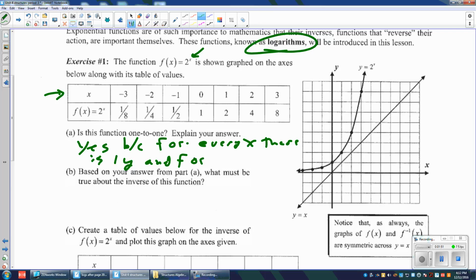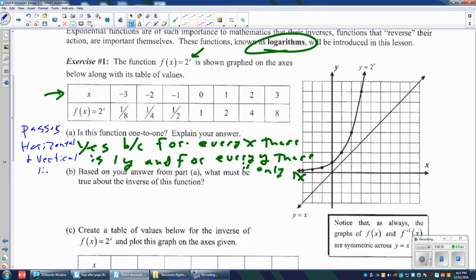In other words, it passes the horizontal and vertical line test.